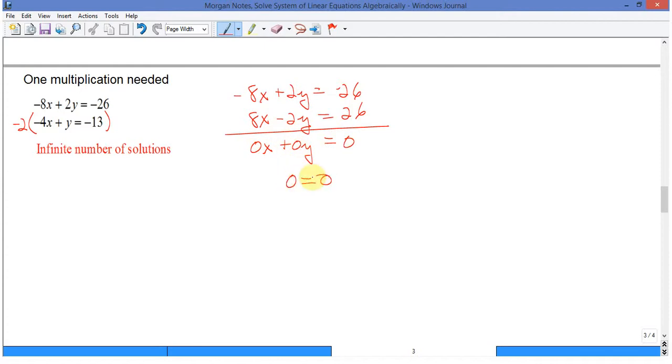Now, at first thought, you're going to say, well, that's no solution, but it's not. Anytime I have a number equal to another number and the numbers are the same on either side, that's true for every situation. So 0 equal to 0 is in fact true for every value of x and y, so this would be infinite solutions.